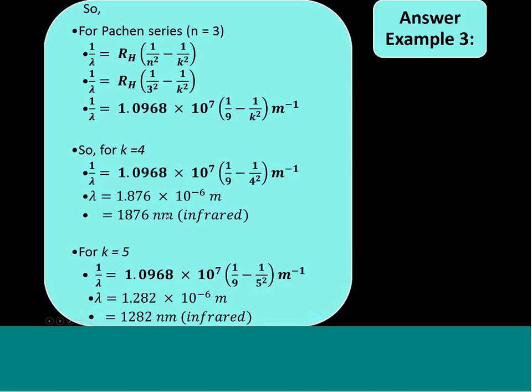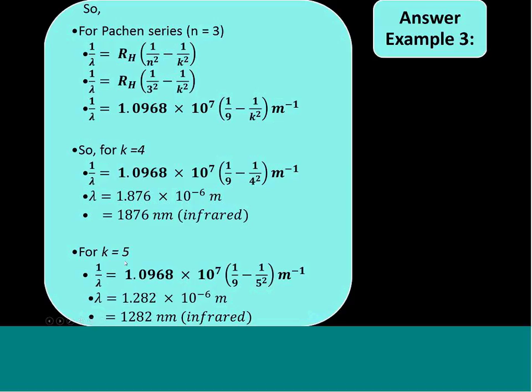K equal to 4 gives 1876 nanometer, which is already higher. Earlier, from the question, 400 to 700 nanometer is visible light, so this is invisible light. So calculating K equal to 4 already gives 1876 nanometer.